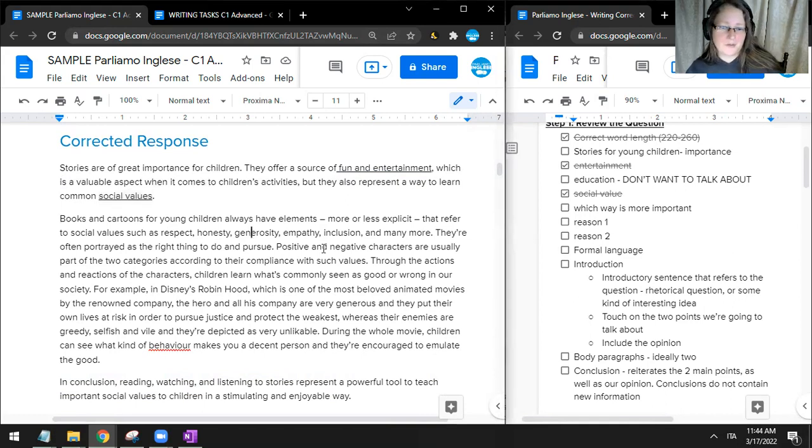So books and cartoons for young children always have elements. So I'm just going to say, right off the bat, we're talking about cartoons. Typically when we're talking about stories, we're talking more like books and fairy tales and maybe even storytelling, legends and that sort of thing.